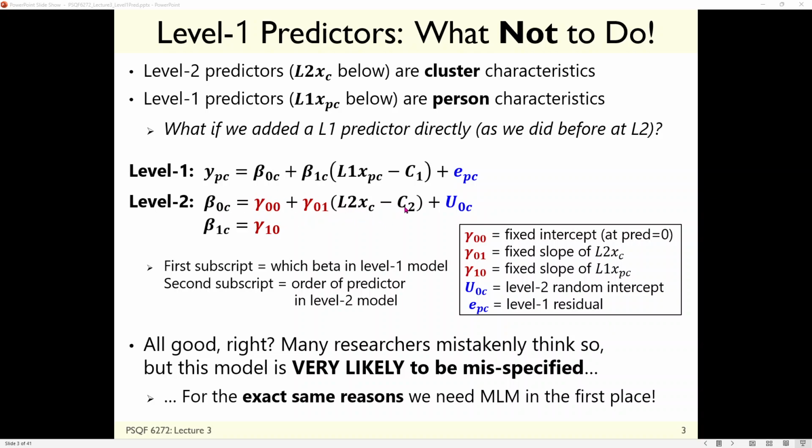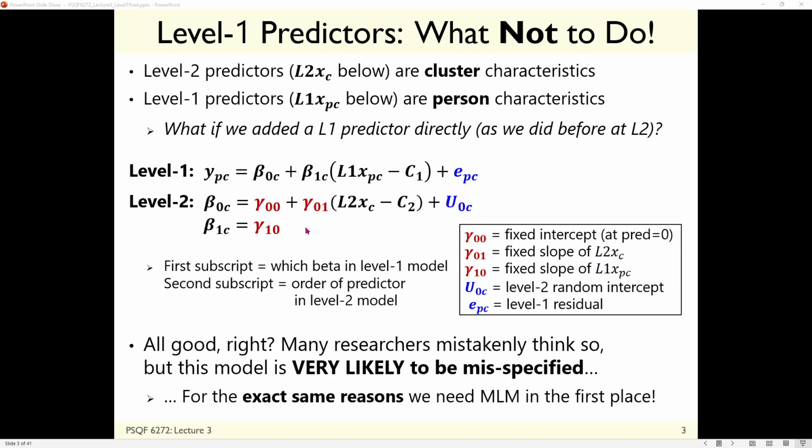The next one would be gamma 02, 03, etc. The new term that we added, beta 1 here, we're adding only a fixed slope in this example to start with. And because we're predicting beta 1, that fixed slope starts with gamma 1. Because 1 is in the first spot for everything that will go into this level 2 equation. And this is essentially the starting point or the intercept of this level 2 equation, so that's why it's a 0 here.